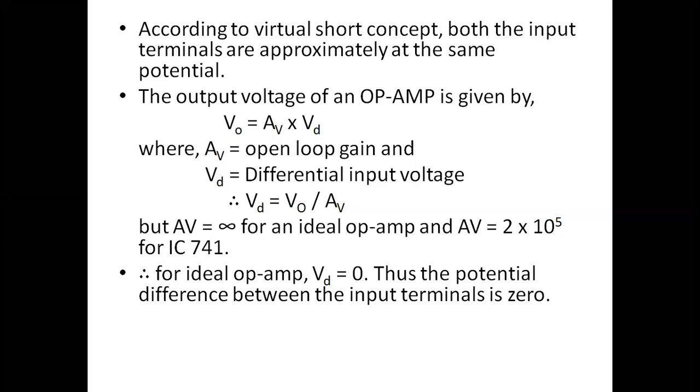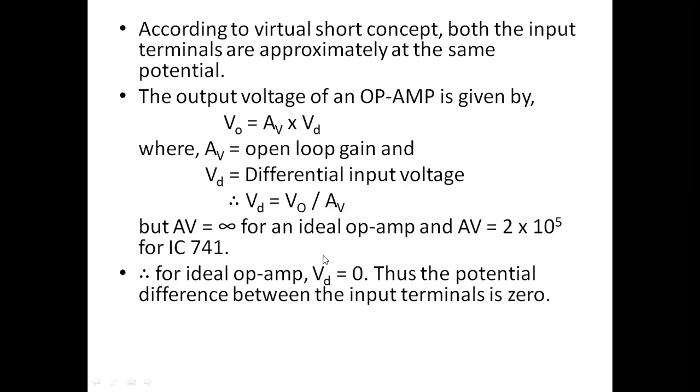It means there will be no difference. We get the output voltage VO equal to gain into the differential input voltage. If we are taking the virtual short, both input terminals are approximated at the same potential. For the ideal op-amp, the voltage gain will be infinite. But practically for the IC741, the voltage gain will be 10 into 10 raised to 5.